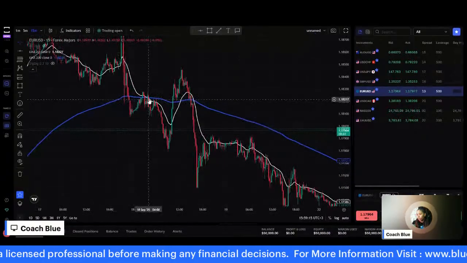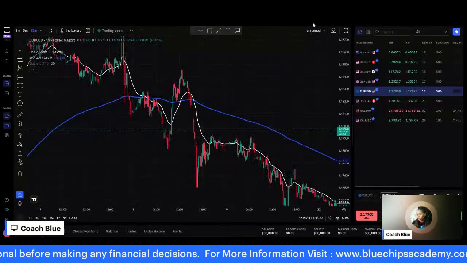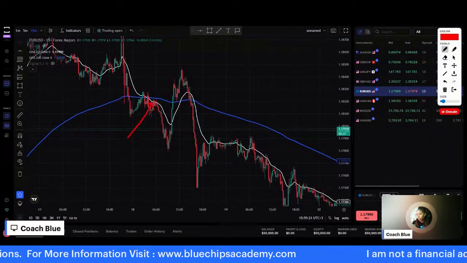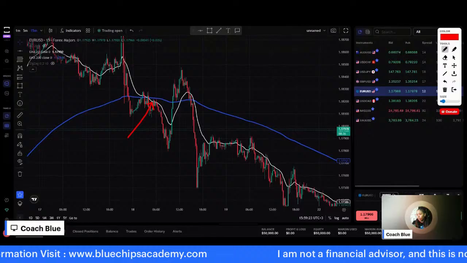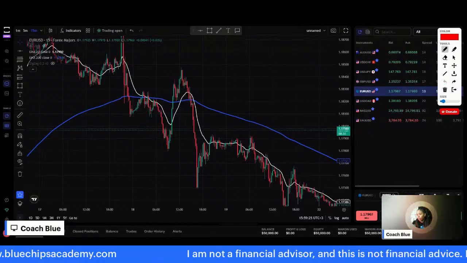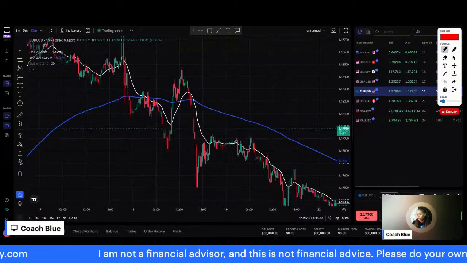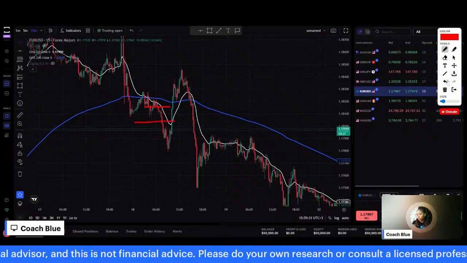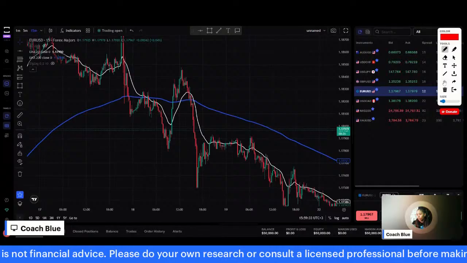Price is near the 200 here. Where is our 20? Our 20 is beneath the 200, so we know that we're looking for a sell. Once you get into your sell, you know the distance of where you want to set your stop loss or take profit, and then you go ahead and place your trade.